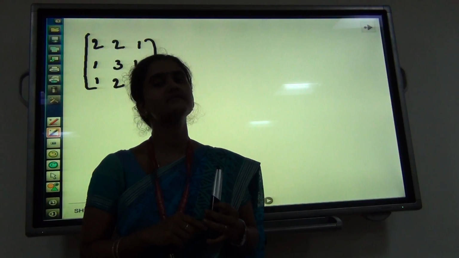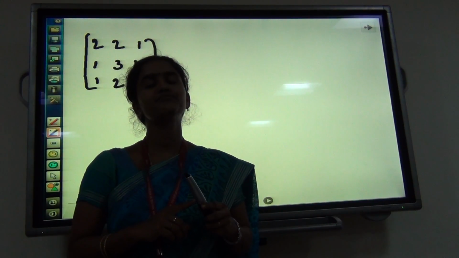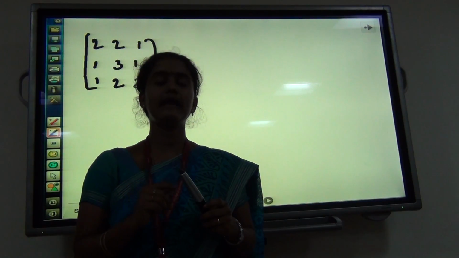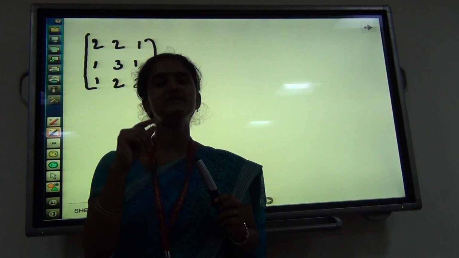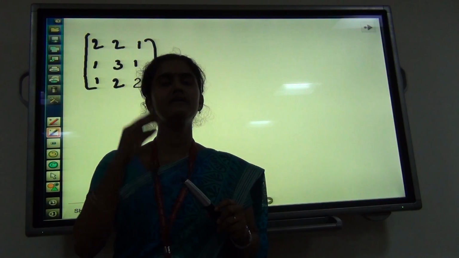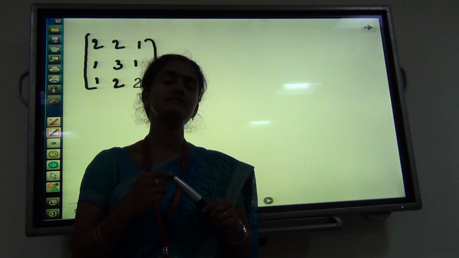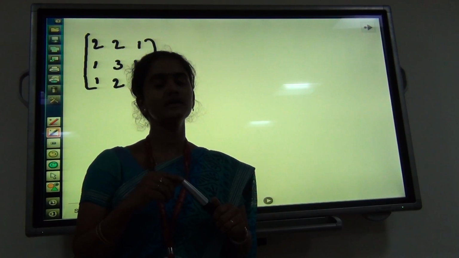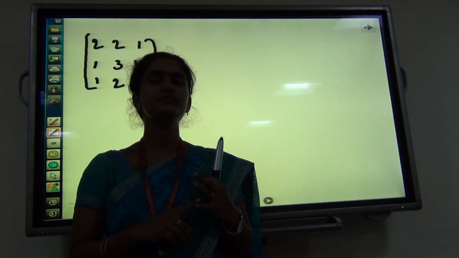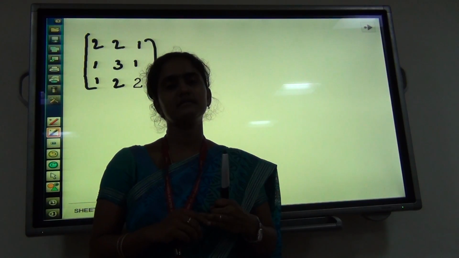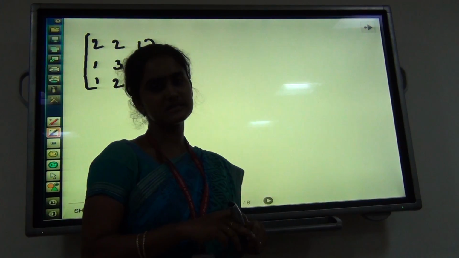For each eigenvalue there exists a corresponding vector, given by the determinant of A minus lambda I times X equal to 0, where the capital X is the column vector. Through this we can find the vector for the corresponding values. Solving a 3 cross 3 matrix, we will get 3 eigenvalues and the corresponding 3 eigenvectors. So let us begin the session today.